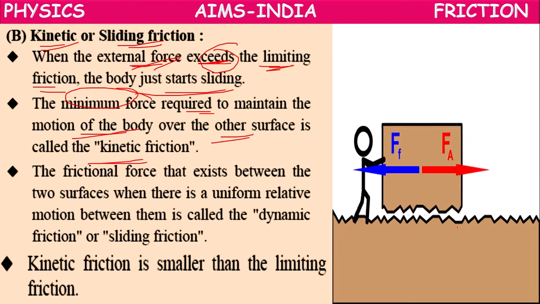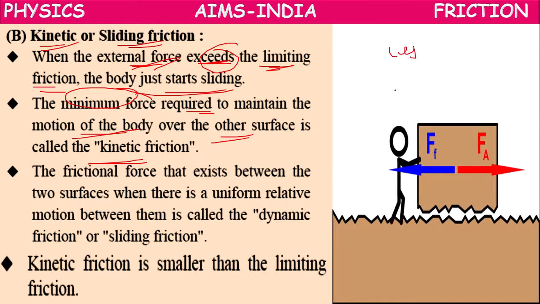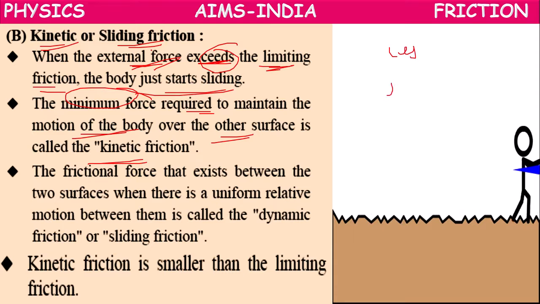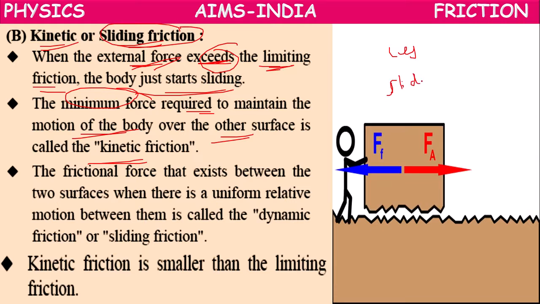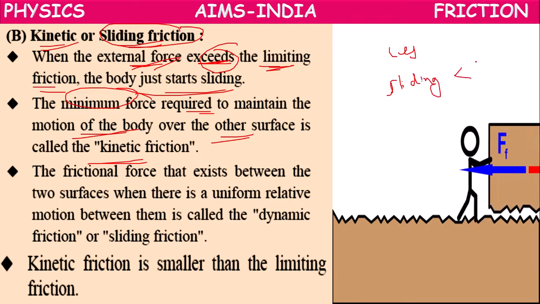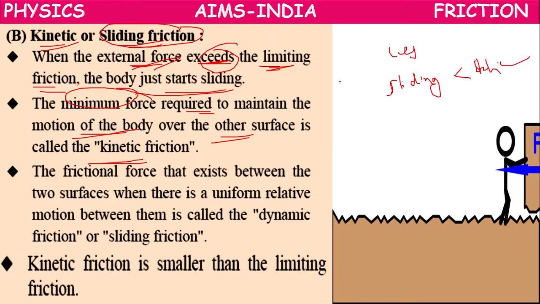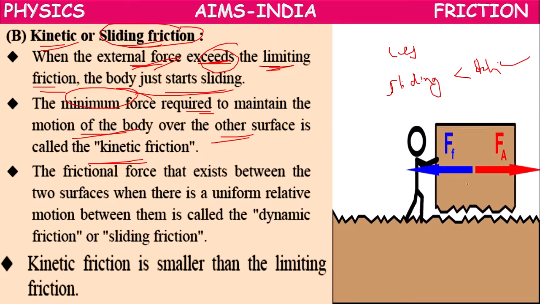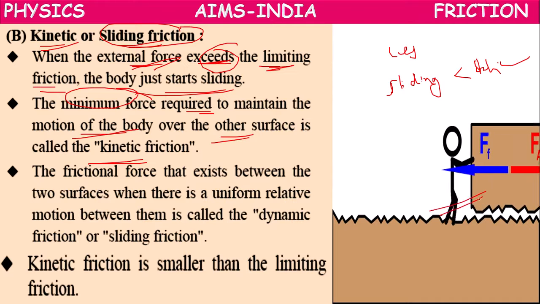Once the movement has started, we have to apply less force. So this sliding frictional force is less than static friction, because for making it move from rest we have to apply more force. Once it has started moving, we have to apply less force.